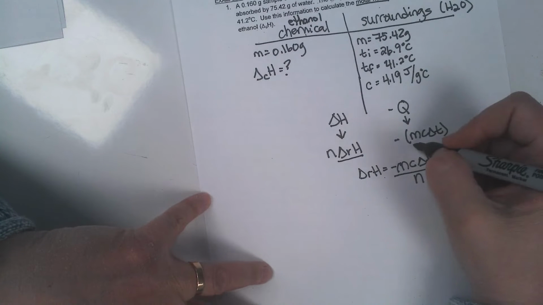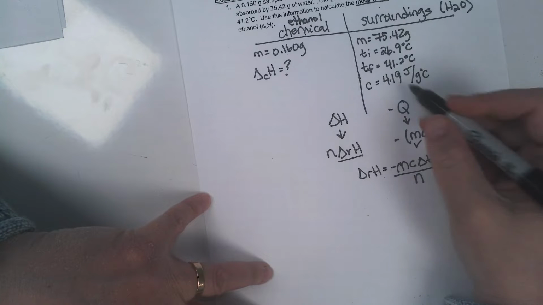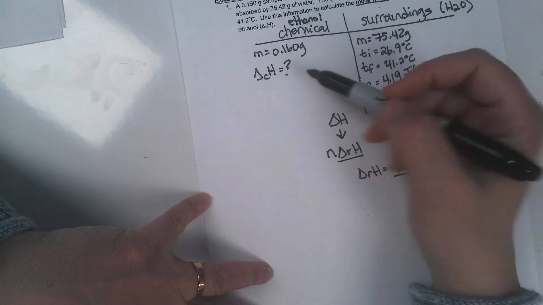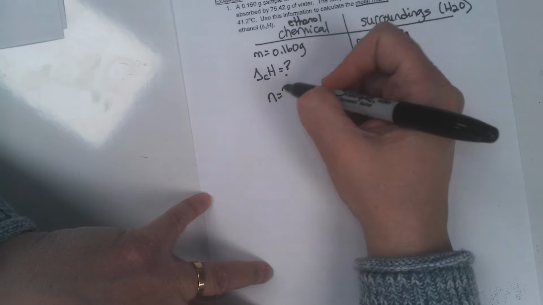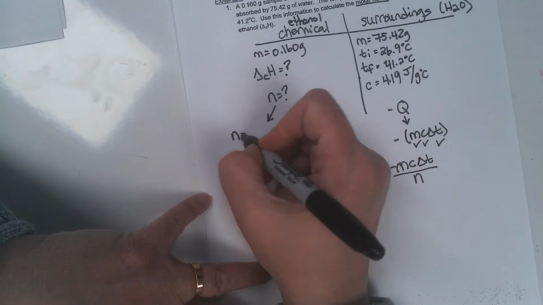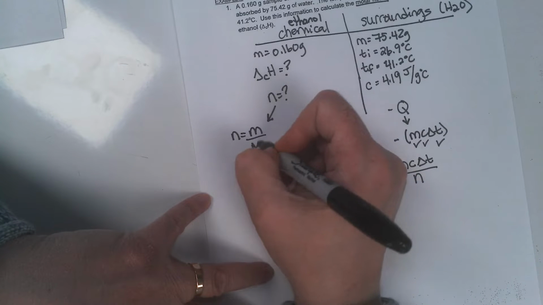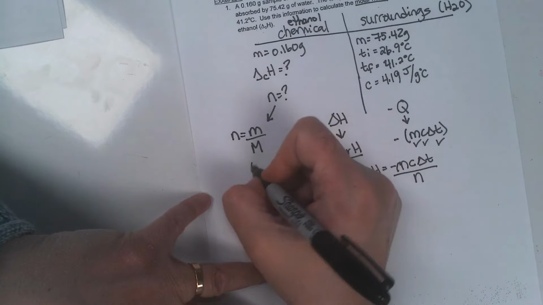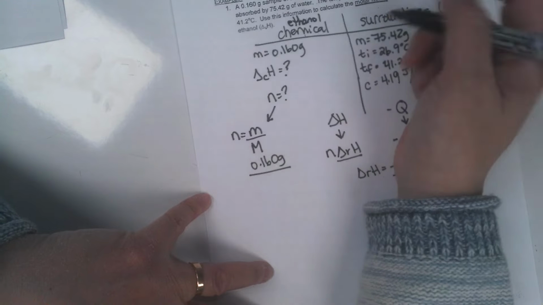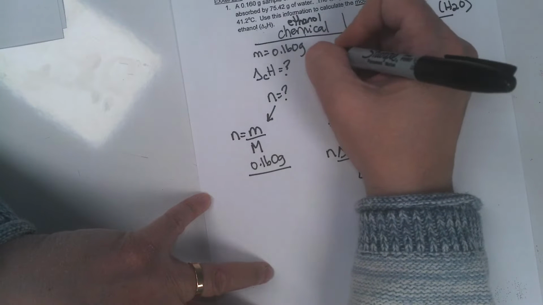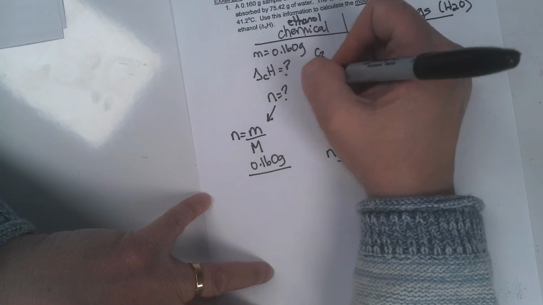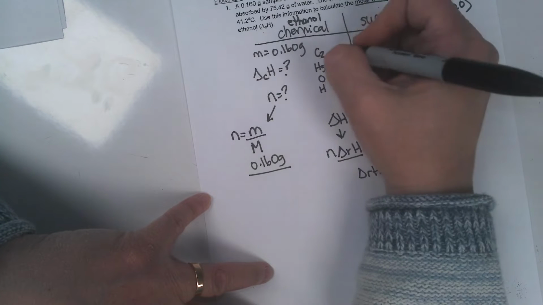Now we have m of this piece here. We have c. We have delta T. What we don't have is the n from this side. So in order to solve the number of moles, we need the mass divided by the molar mass. And so we have 0.160 grams divided by, and we look at methanol, it's 2 carbons, 5 hydrogens, 1 oxygen, and 1 hydrogen.